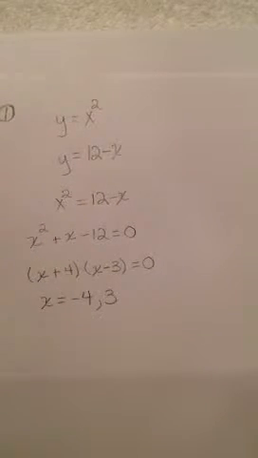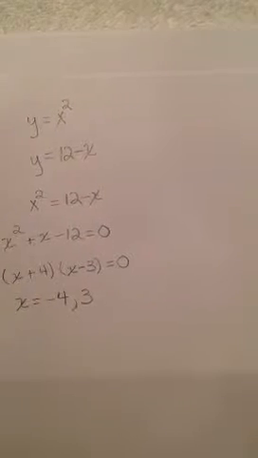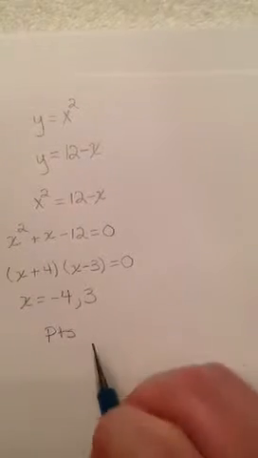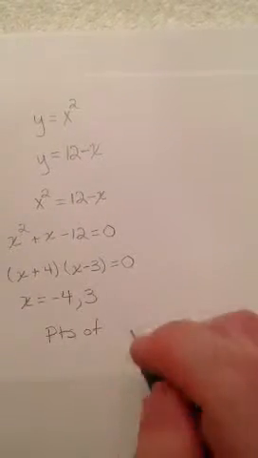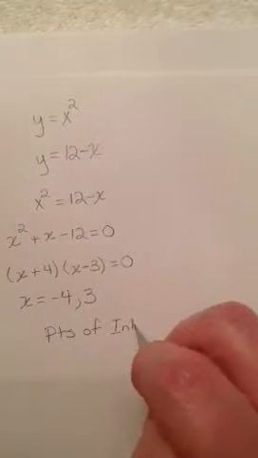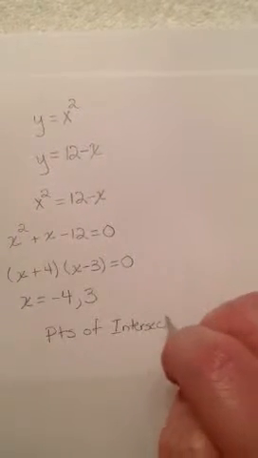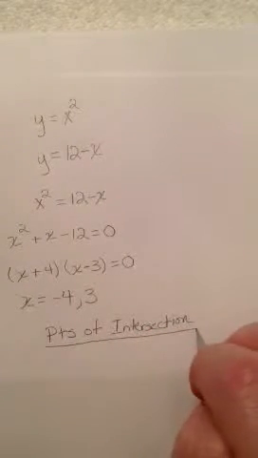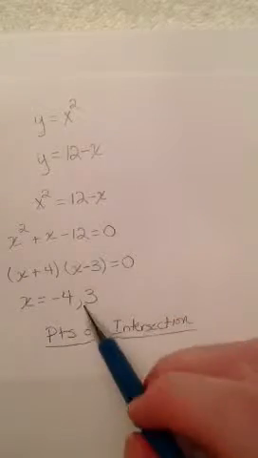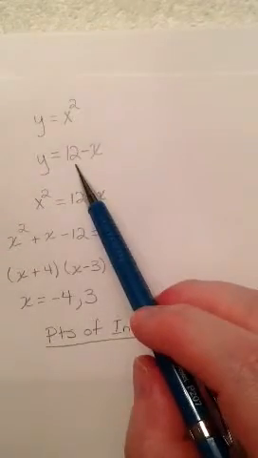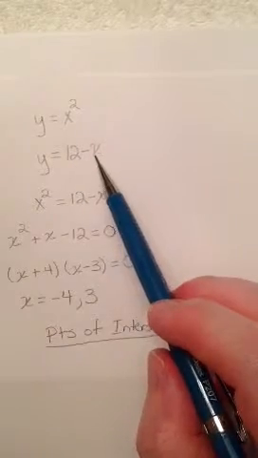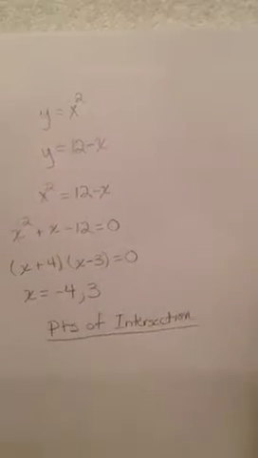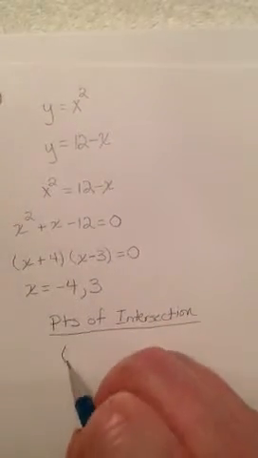And for the points of intersection, whenever x is equal to -4, the y value would be 12 minus -4, or the square of -4, and that would be 16, so we have -4, 16.